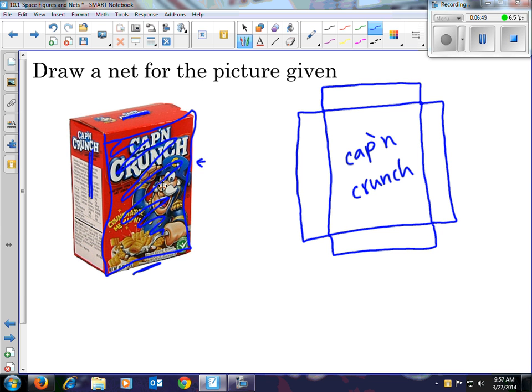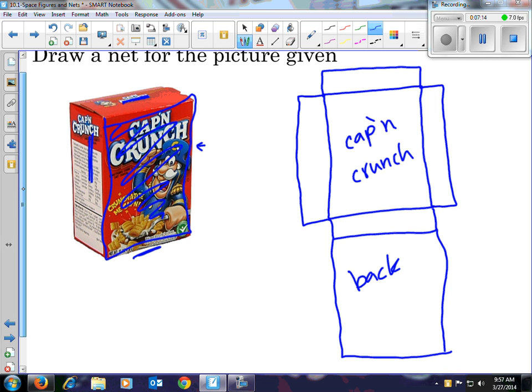So what I'm thinking is I can either draw it right here and make it really wide, or I can draw it down here. And since I have space this way, I'm just going to draw the back of my cereal box down here. And this is the back. So I have the back, the top, the bottom, and the two sides. So this would be my net for my cereal box.